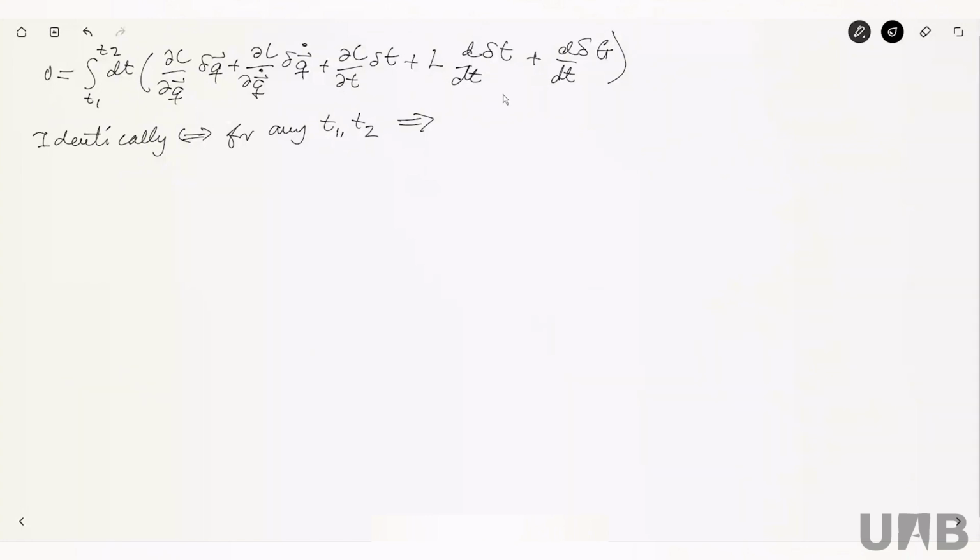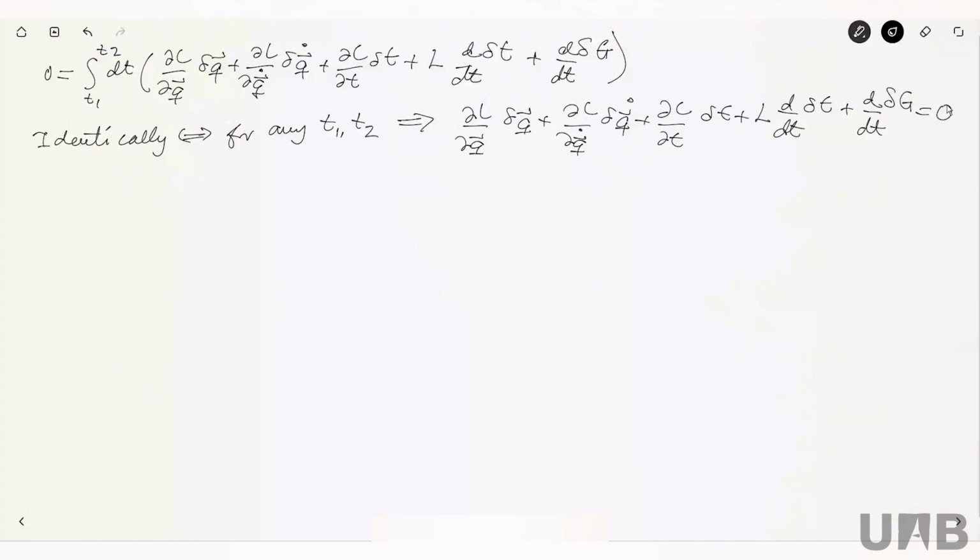So the integrand now has to be 0. That means dL/dq delta q plus dL/dq dot delta q dot plus dL/dt delta t plus L times the derivative with respect to time of the variation of the time variable plus the derivative with respect to time of the delta g has to be 0, okay?